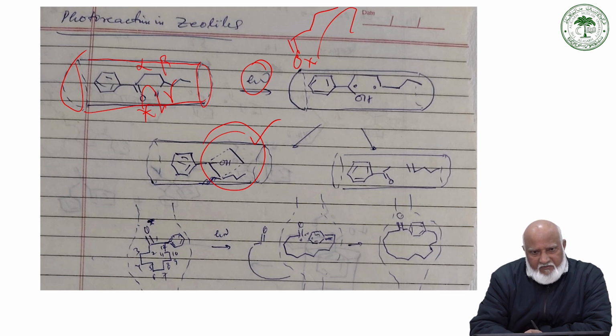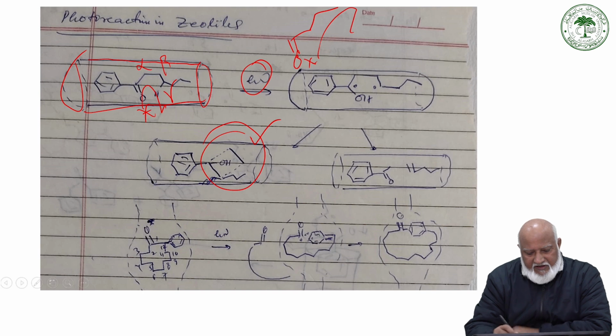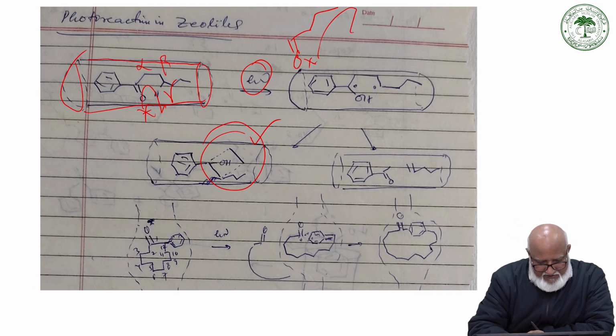It is again a carbonyl compound. It is in the cavity of zeolite, in the channel of zeolite, and under photolytic conditions it can undergo alpha bond cleavage, a Norrish type 1 reaction.